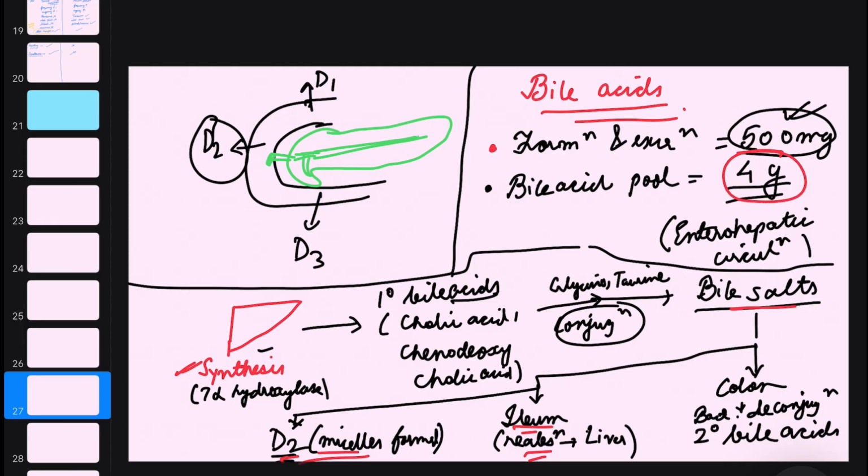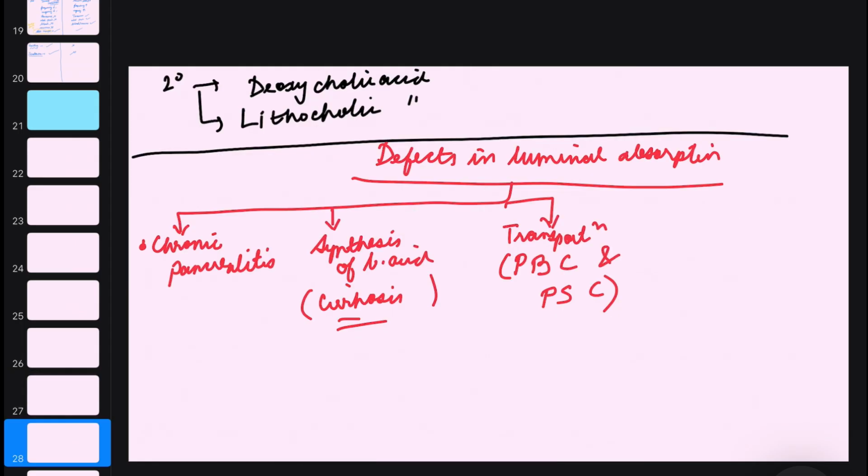No, I cannot. But I need that to maintain my fat absorption for micelle formation and all that. My liver is not equipped to produce 4 grams of bile salts every day. It can only produce like 500 milligrams. So if I'm at a loss for reabsorption of bile acids, then obviously I won't be able to form micelle. And thus there will be a luminal absorption problem.